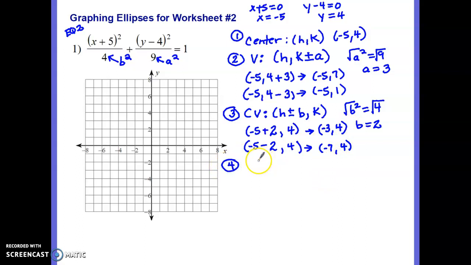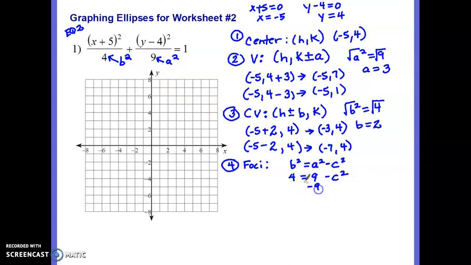It asks me to find my foci. Before I find my foci, I have to know what C is. So the little formula that you're given is B squared equals A squared minus C squared. So we're going to go ahead and plug in our stuff. We know what B squared is, it's 4. We know what A squared is, it's 9.